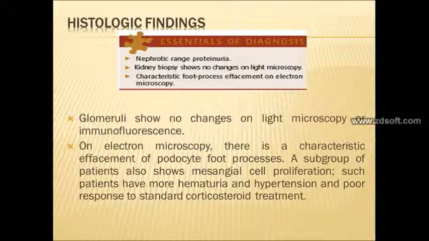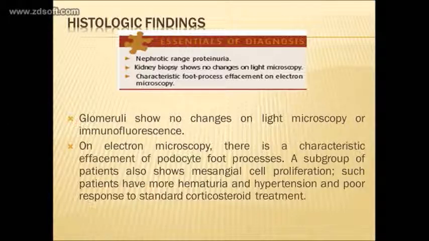Histologic findings. The essential of diagnosis is nephrotic range proteinuria. Kidney biopsy shows no change on light microscopy, and characteristic foot process effacement on electron microscopy. Glomeruli show no change on light microscope or immunofluorescence, as I said.